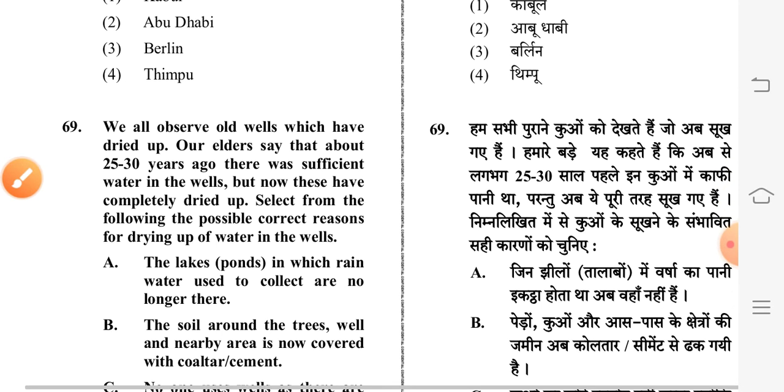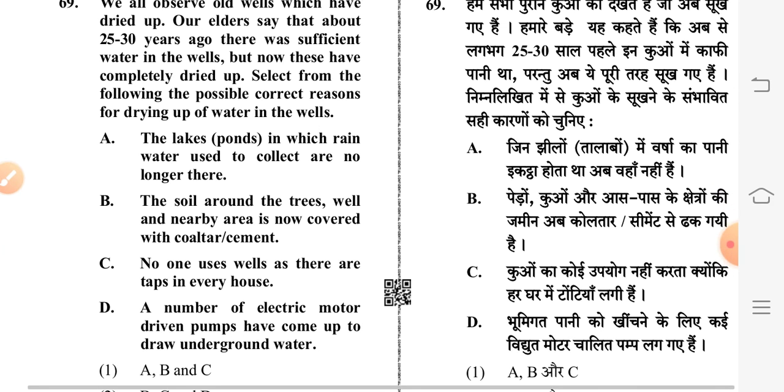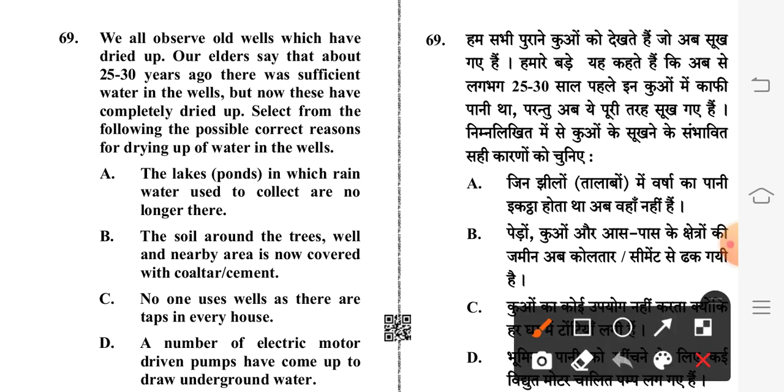Next question number 69. We all observe old wells which have dried up. Our elders say that about 25 to 30 years ago there was sufficient water in the well, but now these have completely dried up.